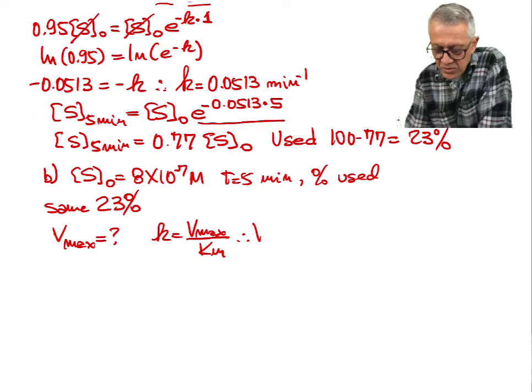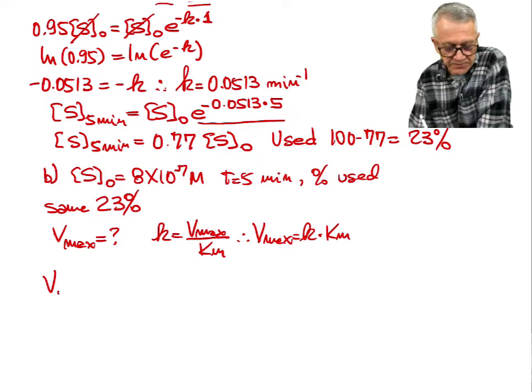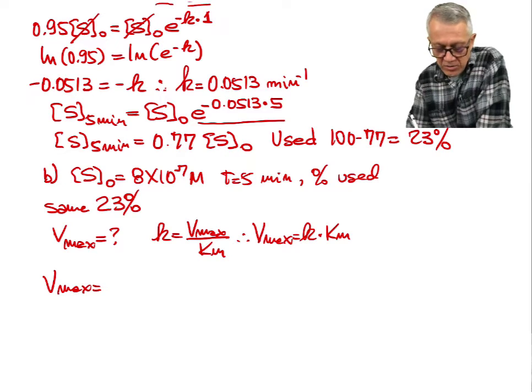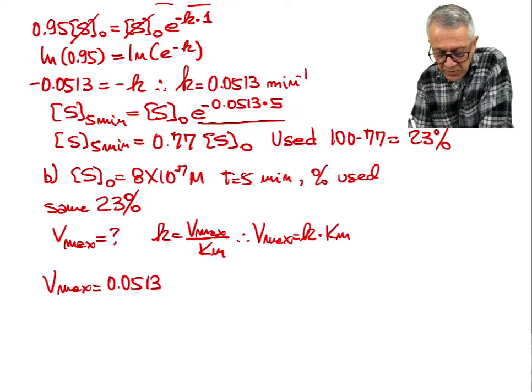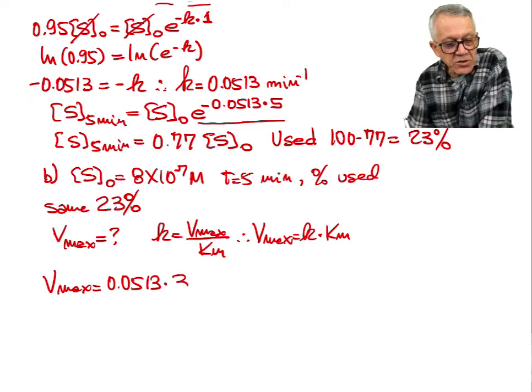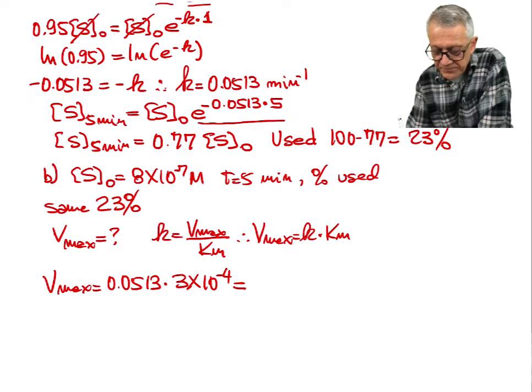And from here we can calculate Vmax, which is K times Km. So Vmax is going to be equal to K, which was already calculated before, 0.0513. And what was the Km for this reaction? It was 3 × 10 to the power of negative 4.